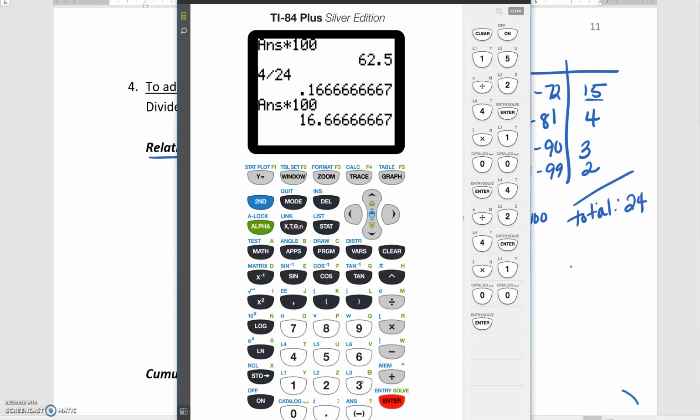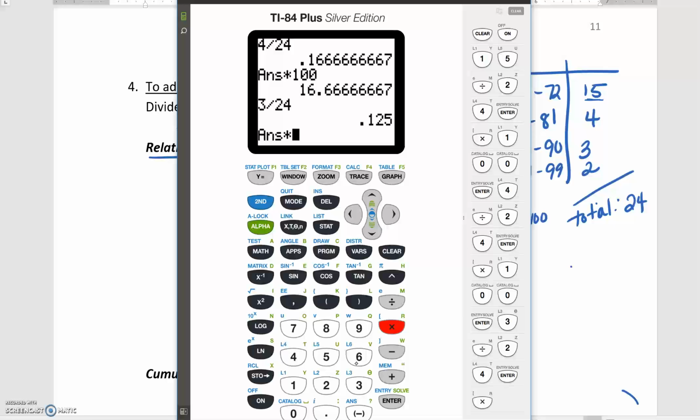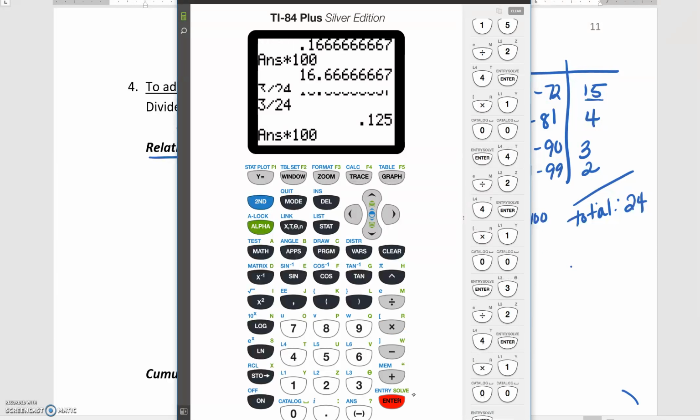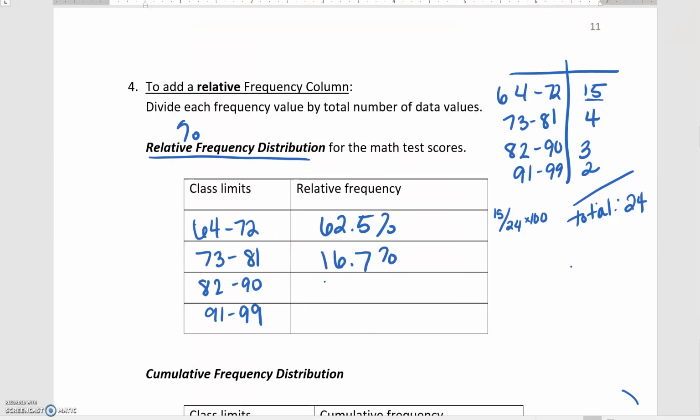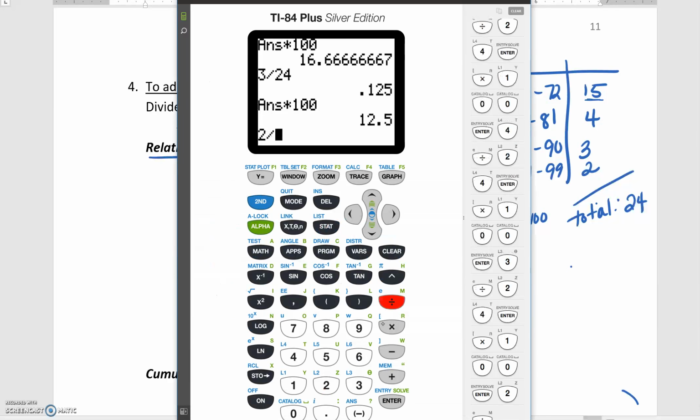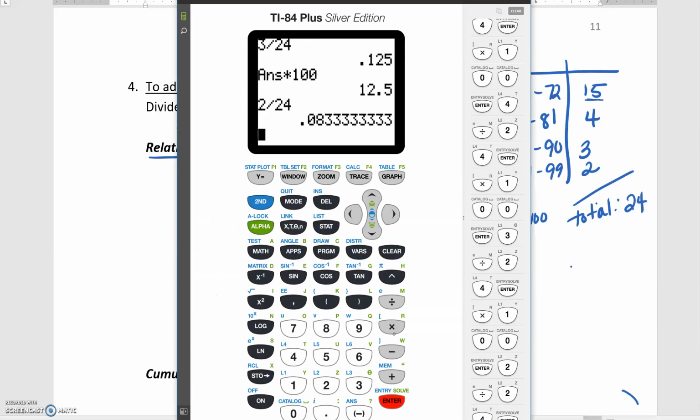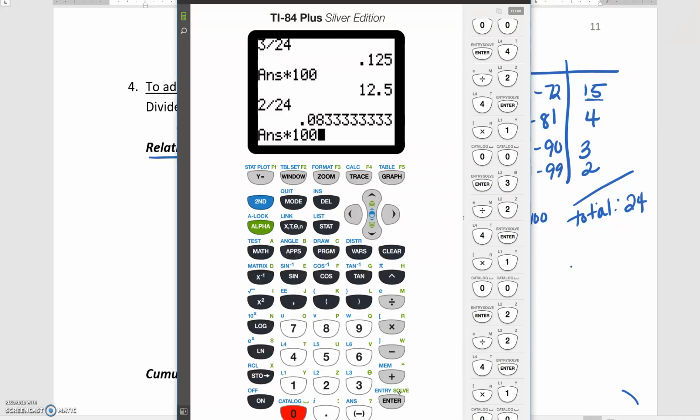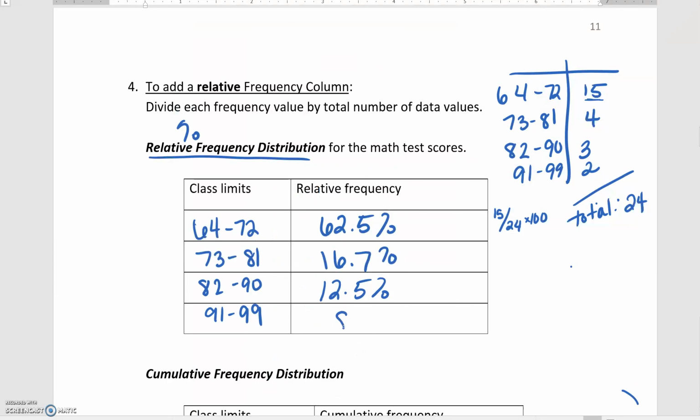Then the next number was 3, so 3 divided by 24 and multiplying that by 100. We see that we get 12.5%. And the final one, we have 2 divided by 24 times 100. So we get 8.3%.